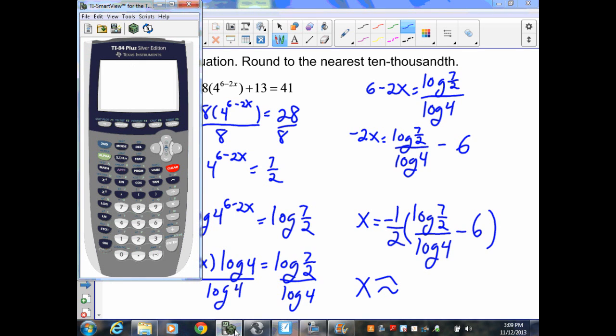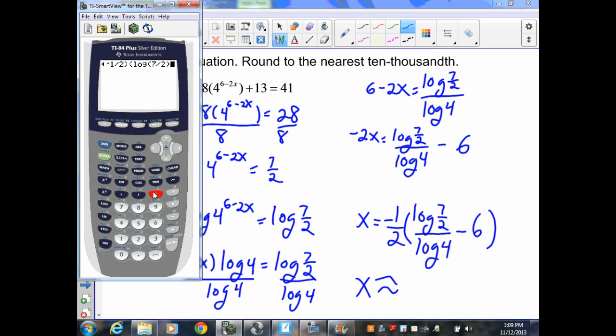I'm going to put a lot of parentheses in to make sure that my order of operations is followed. Parenthesis, negative 1 divided by 2, close that set of parentheses, put another set of parentheses down, and then I'm going to have the log of 7 divided by 2, close that set of parentheses.